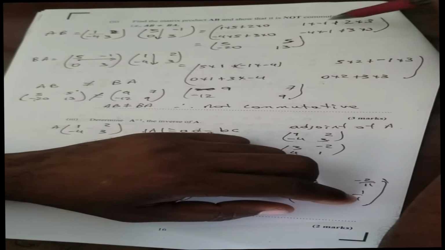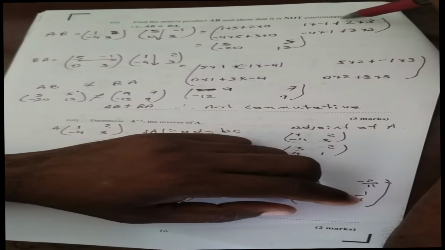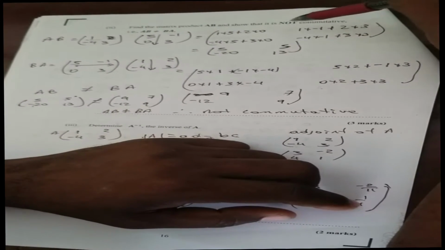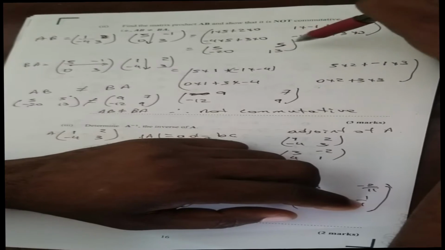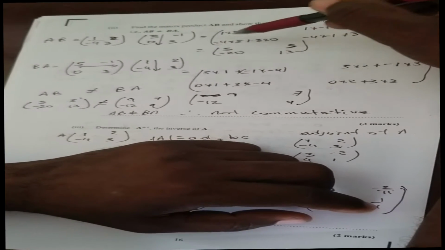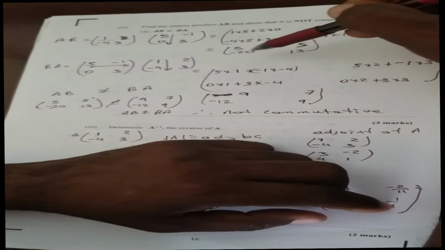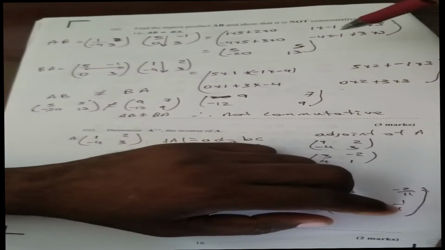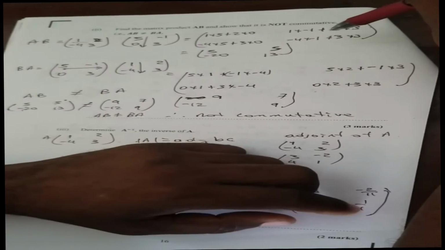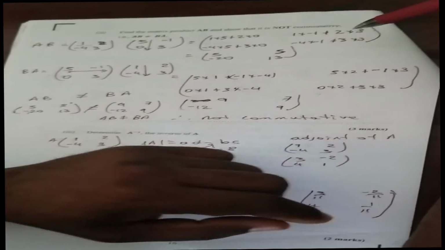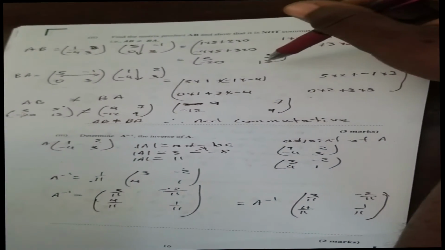So we have 5. Negative 1 times 1, negative 1. 2 times 3, 6. Negative 1 plus 6 equals 5. And negative 4 times 5, negative 20. 3 times a 0, 0. The answer will be equal to negative 20. Negative 4 times a negative 1, 4. Plus 3 times 3 equals 9. And so that will be equal to 13.